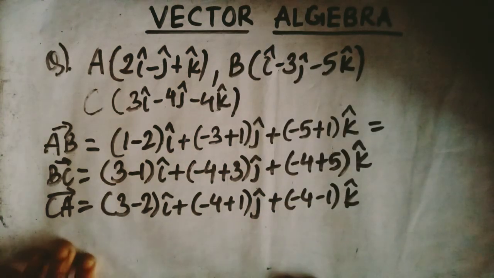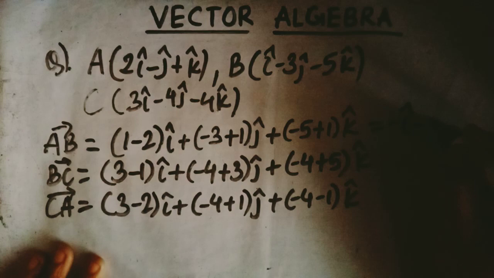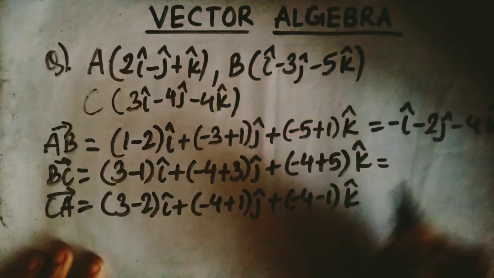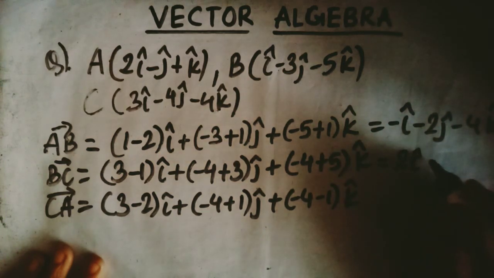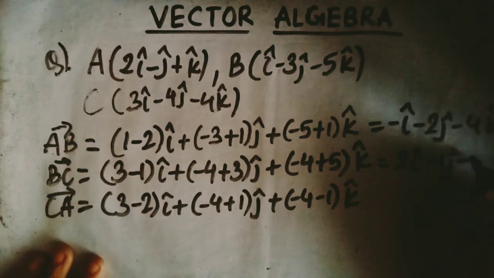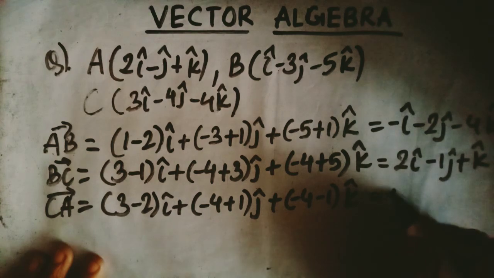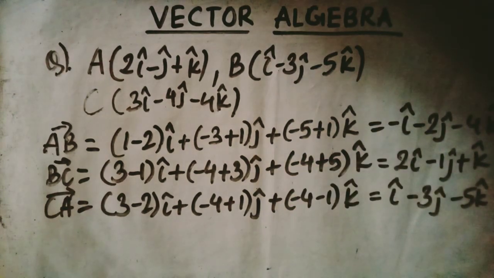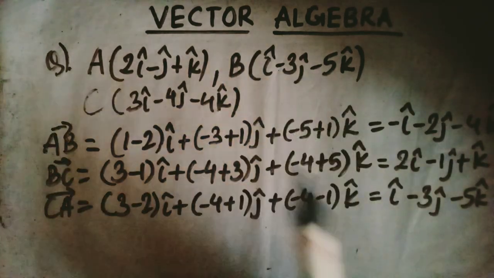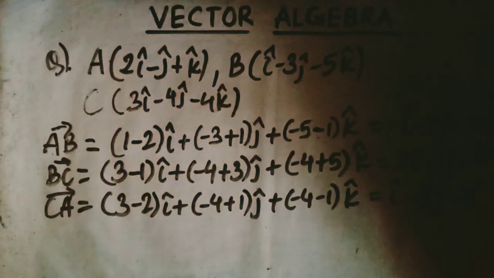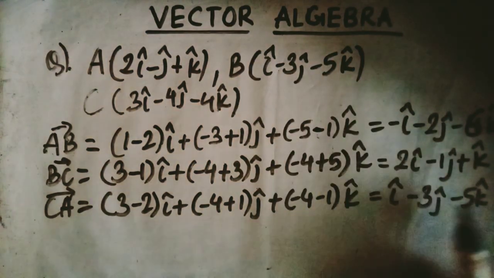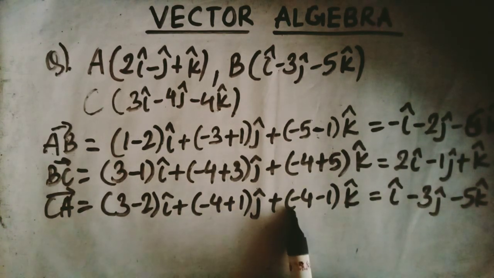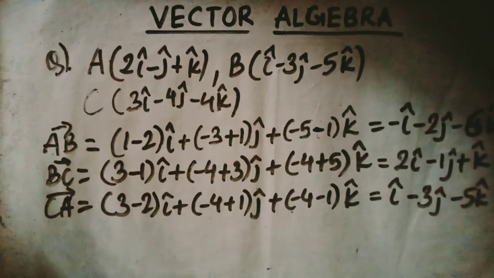So this vector is minus i minus 2j minus 4k, then 3 minus 1, 2i, minus 1j, plus k, i minus 3j minus 5k, minus 6k. Oh, I've taken A to C.